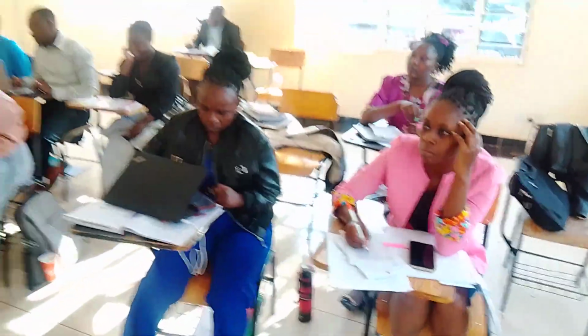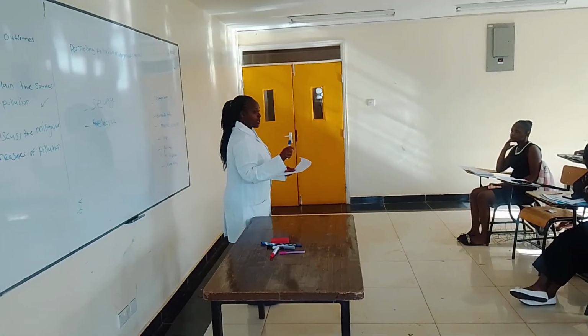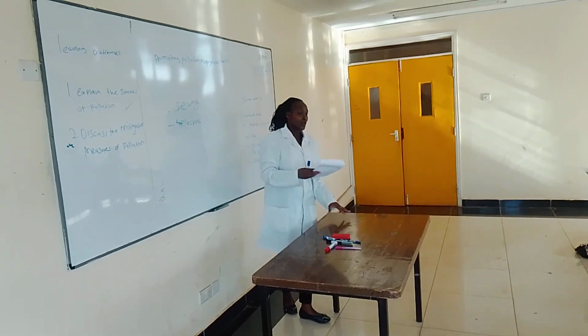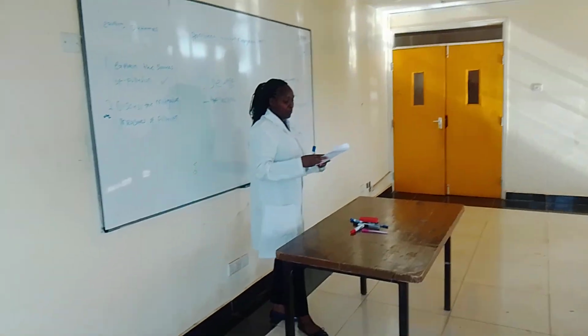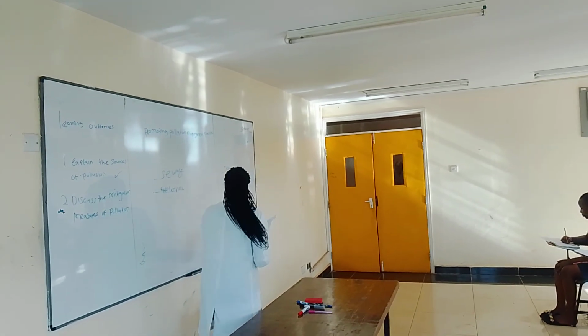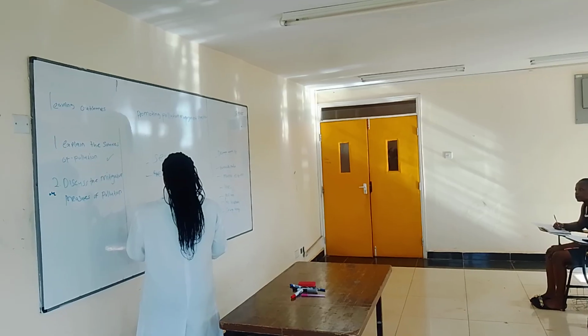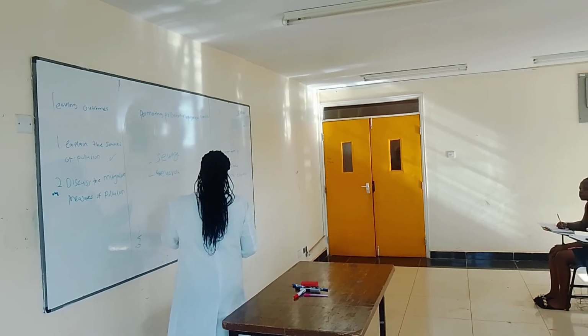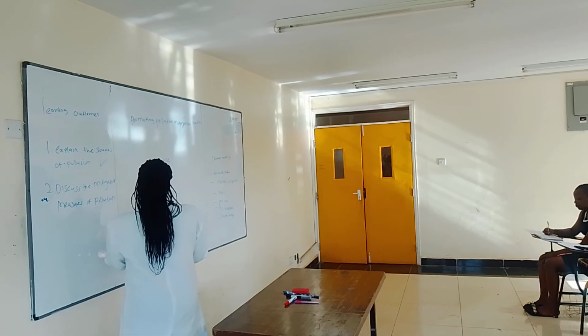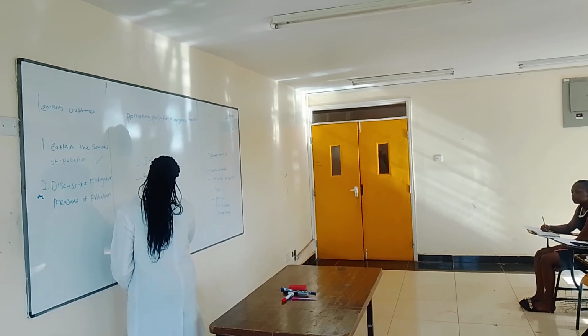Very good. So I want to have some of those points you just mentioned, so you can write them down. The sources of pollution. We have solid waste, like food remains from hotels. The next thing we have is discharge of untreated wastewater from bathrooms.